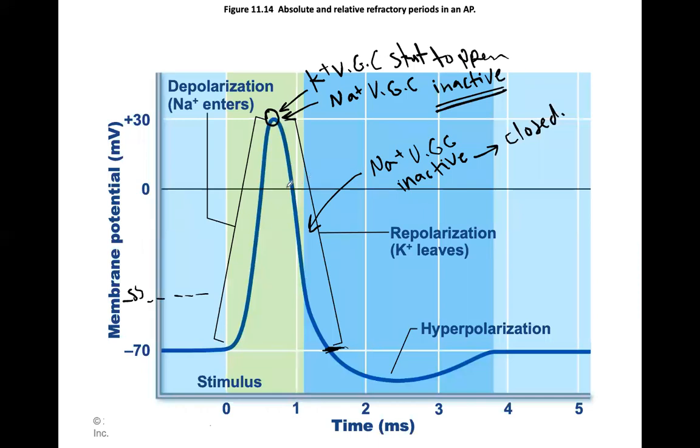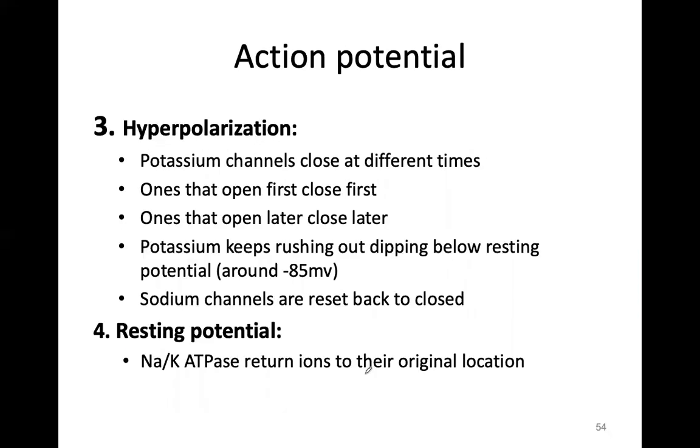But if you open up the potassium channel somewhere here, they're gonna close somewhere down here. And again, the more potassium you lose, the more negative you become. And because you're continuously losing potassium, you can get pretty negative, or very close to the equilibrium for potassium, which is around -90. So you reach about -85.